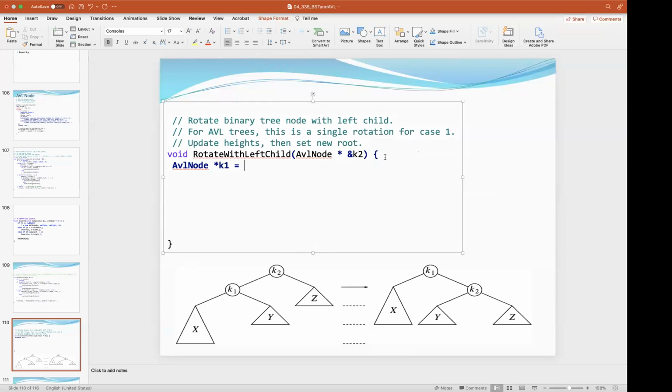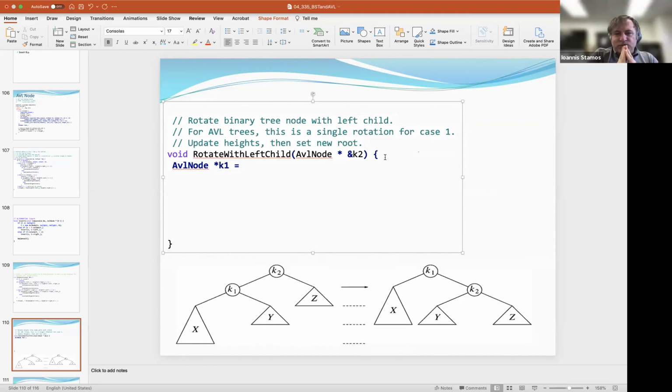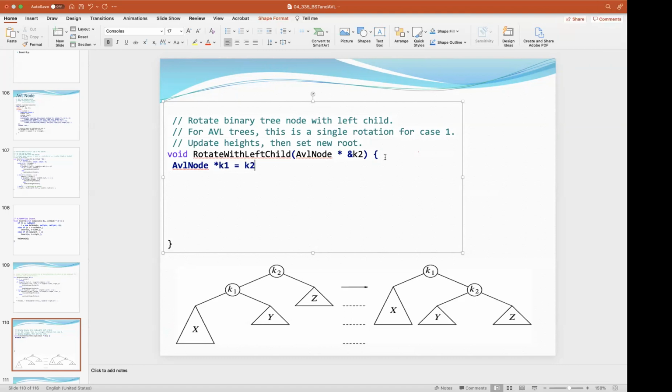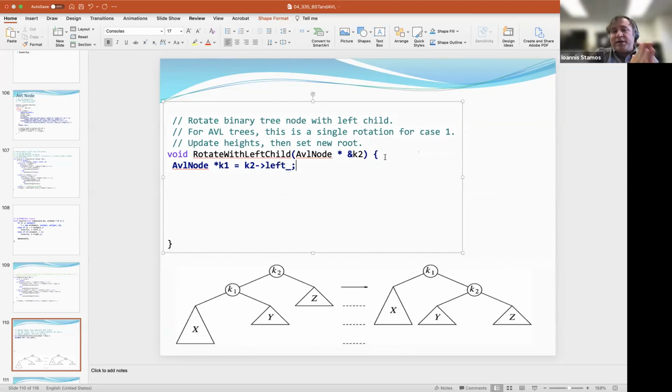In code, K1 is the node to the left of K2. So if you want to do a single left rotation from K2, then K1 is to the left of K2.